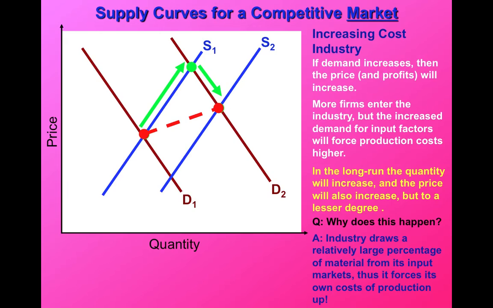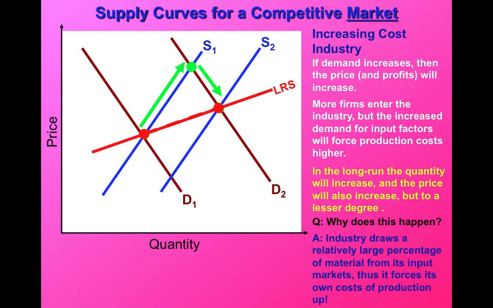Now, if you increased output in the housing market by 10, 20%, you would increase the price of wood, because that market represents such a large percentage of the entire demand for wood that it would cause the price of wood to go up.